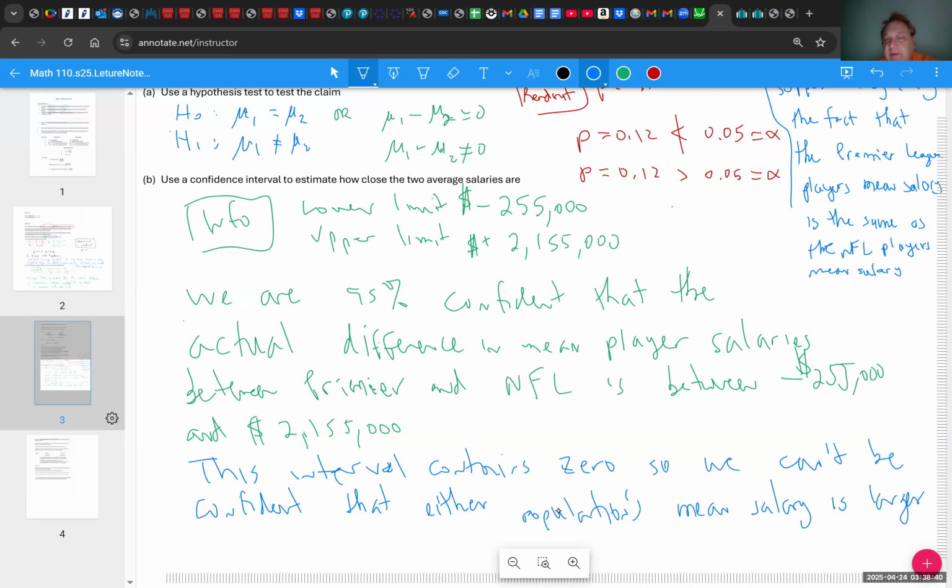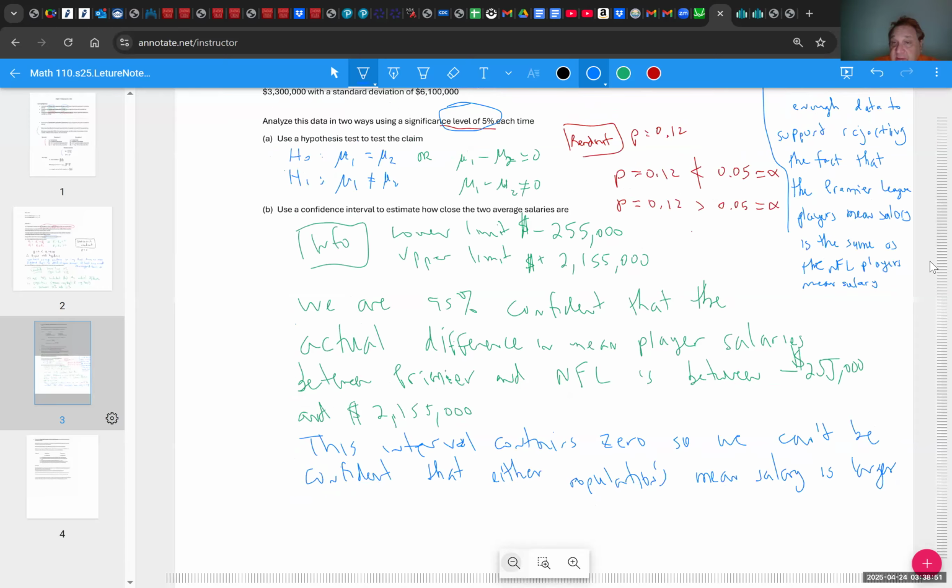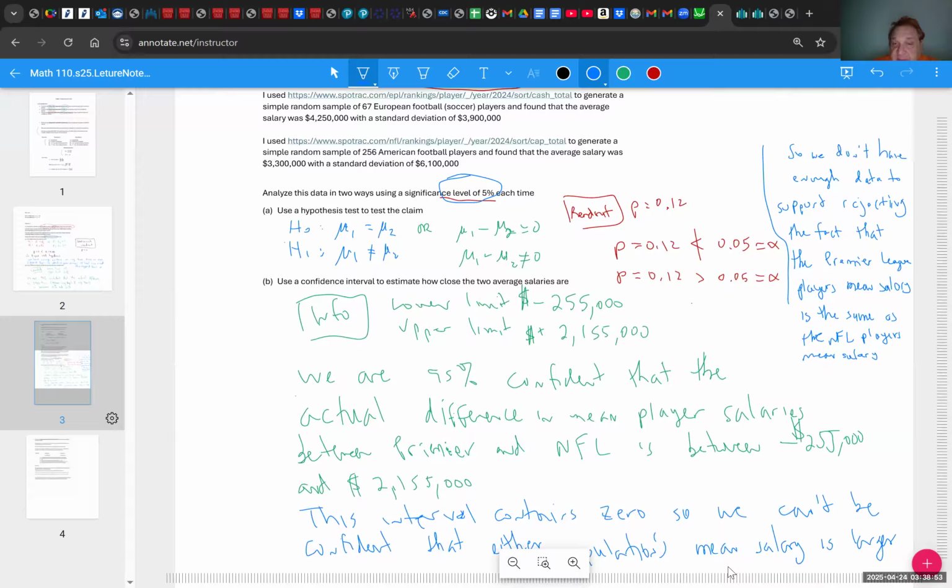All right, we just don't know whether it's larger or smaller. All right, so that's an example of comparing two population means by using the sample means and then subtracting them.